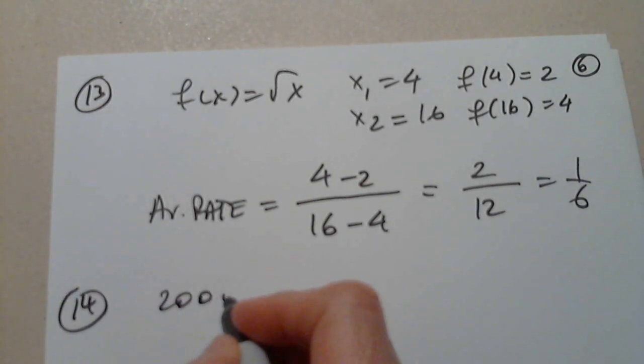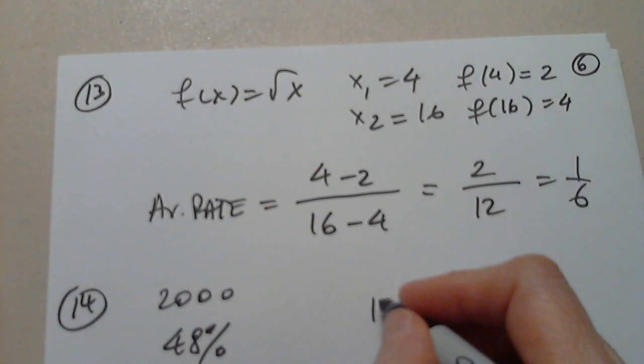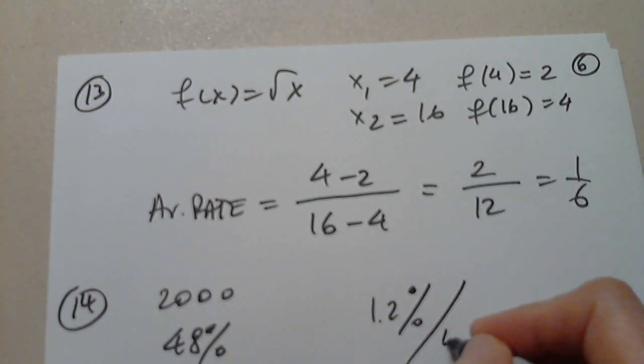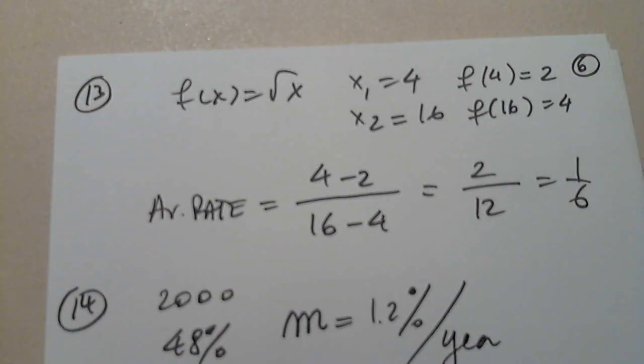In year 2000, 48%. Okay. And this has decreased at an average rate of approximately 1.2% per year. Well, when we talk about an average of 1.2% per year, this is the slope, the average rate of change. Okay, find the linear function in slope-intercept form that models this description.